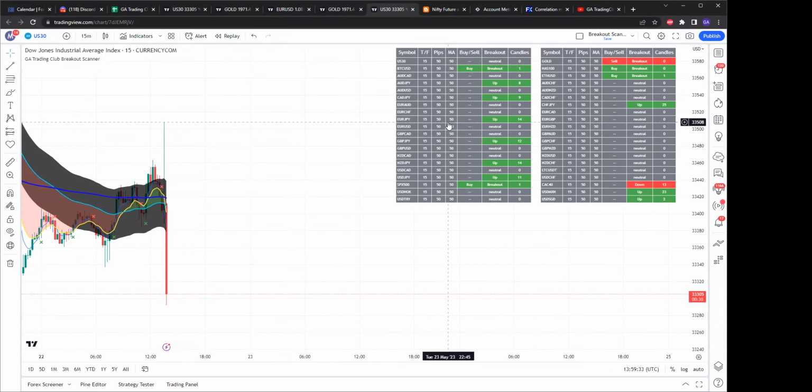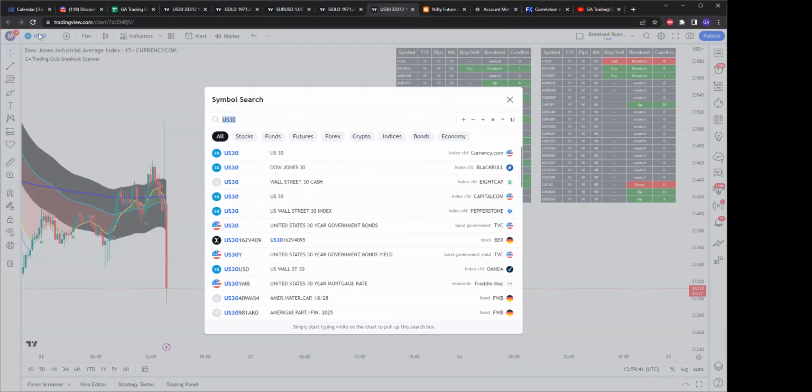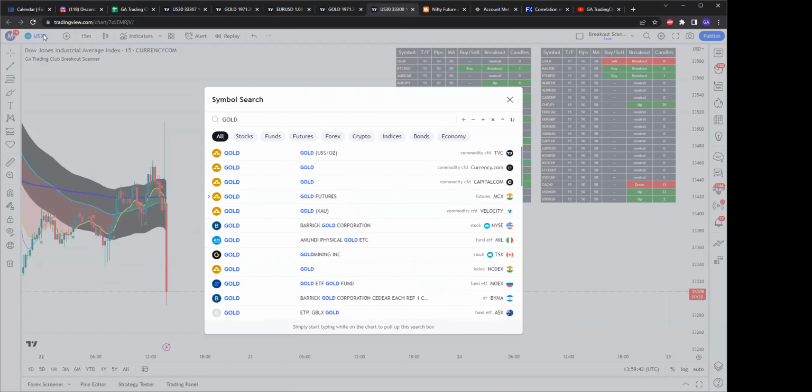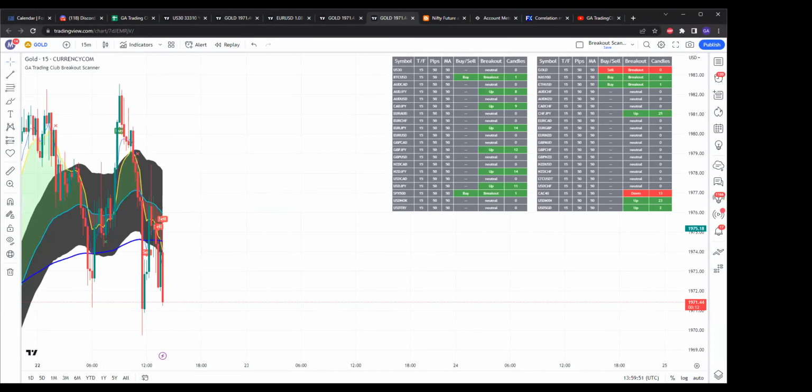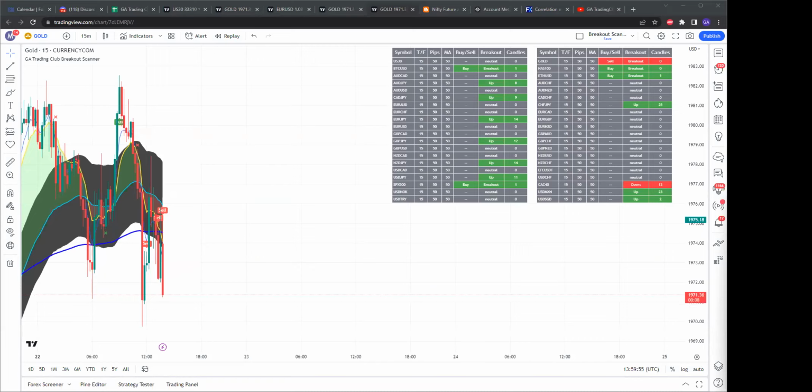So BTC USD, SPX, gold is breaking out to the downside for a sell. So let's check out the gold chart on the 15-minute time frame. Let me see. For this other trade, having too many accounts sometimes is a pain.